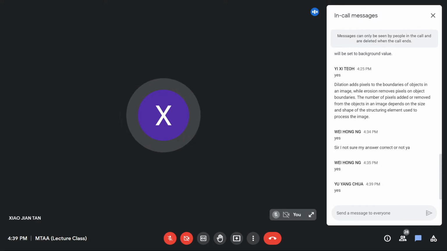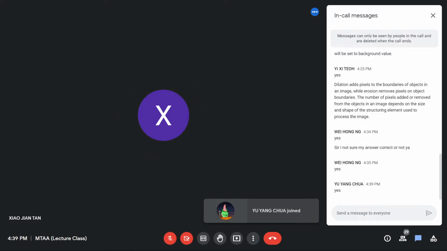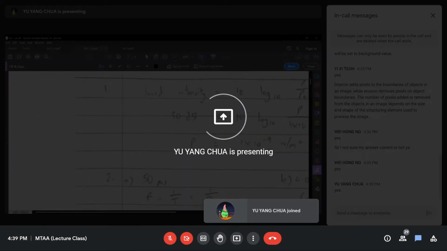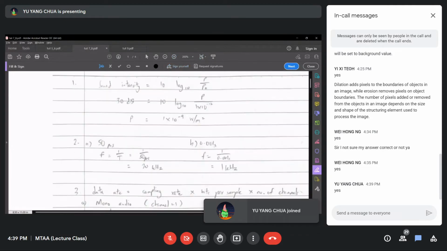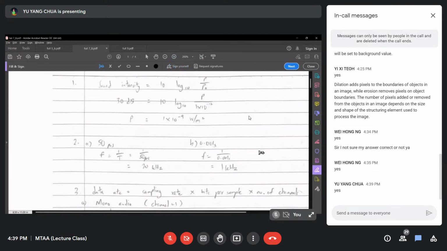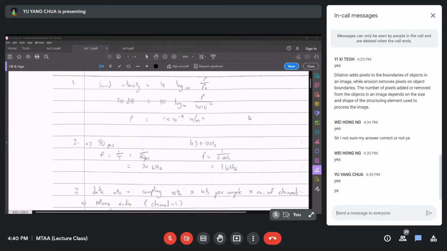You may share your screen whenever you're ready. I believe for this one you need to share your screen because it is about calculations. 20 kilohertz and 1 kilohertz, is it? Yes. Okay, one moment. Please do not unshare first.